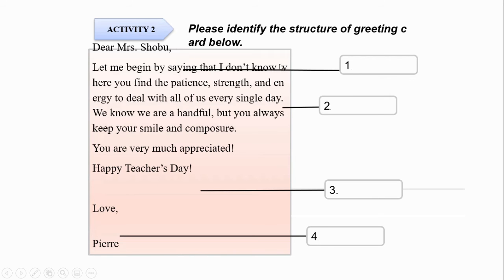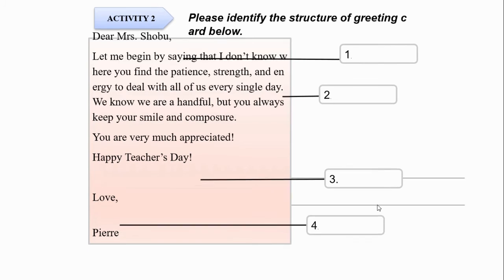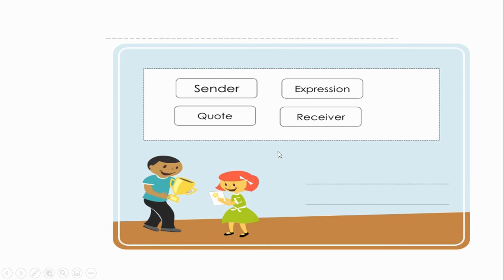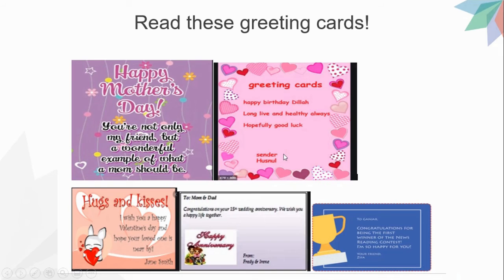So actually, Dear Mrs. Sabu could be called number one, and then we know we are a handful, but you always keep your smile could be called another one, and then love, and then the name, happy Teachers' Day, could be called another. So we must provide some examples here.